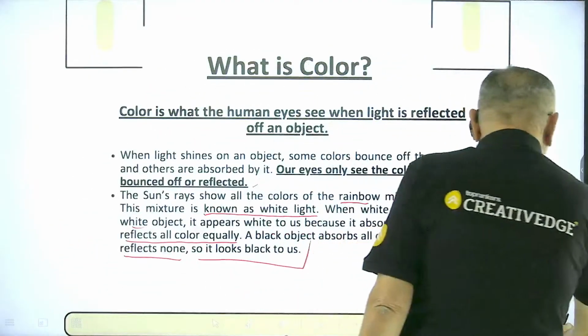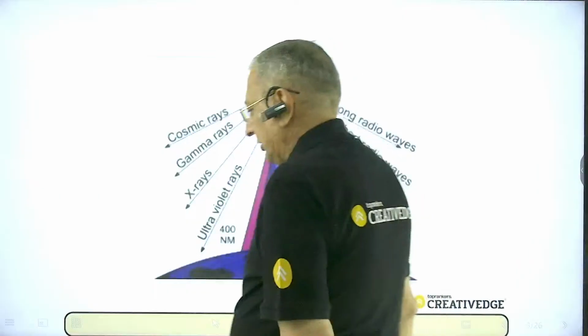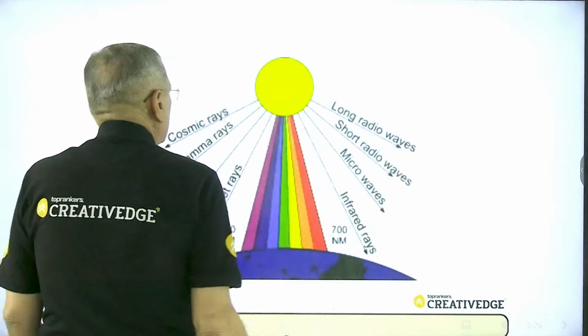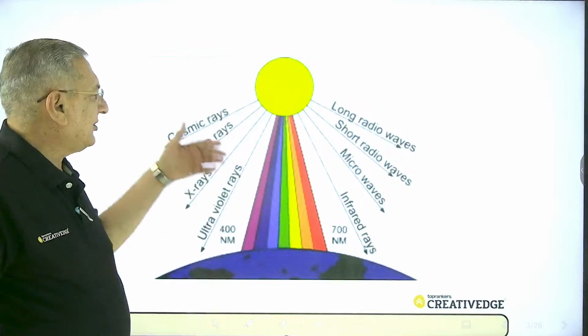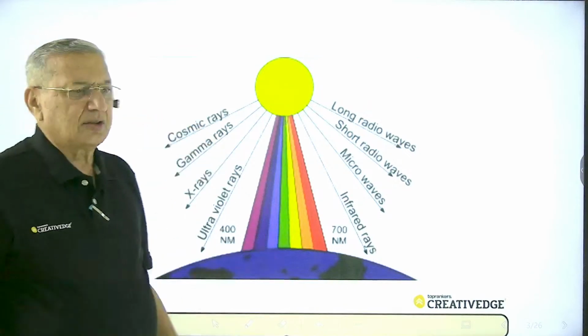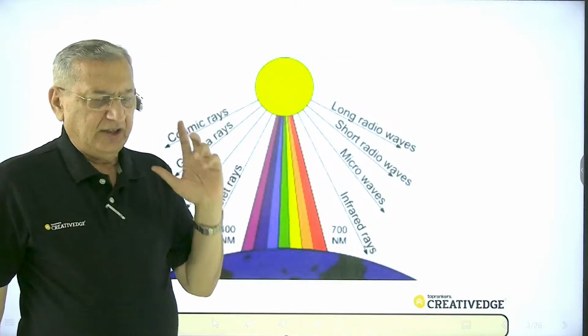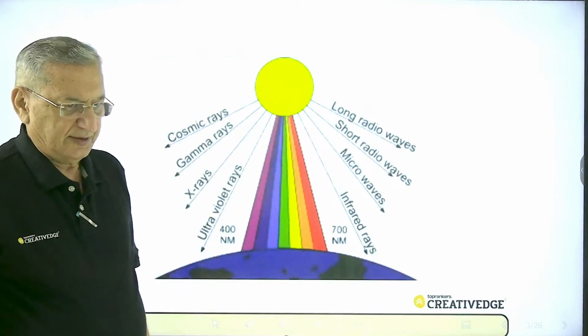Going further, let's see what is happening with the sun rays. Sun rays are not simple. On the other hand, they are very complicated.